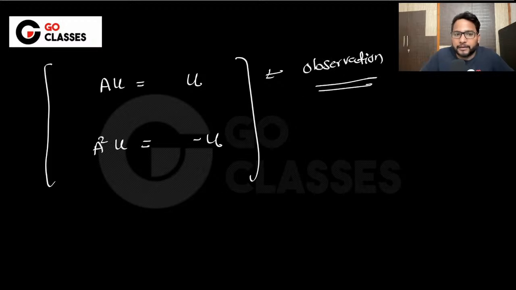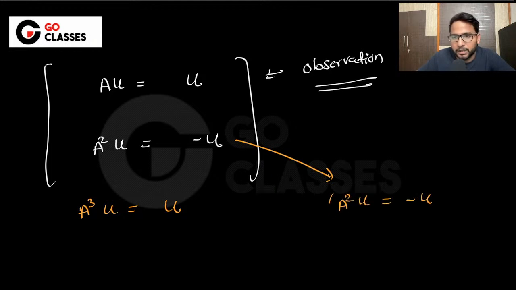Now you do it multiple times. A cube U, if you multiply A here, it will be A cube U, or AU is already minus U. Just a second.